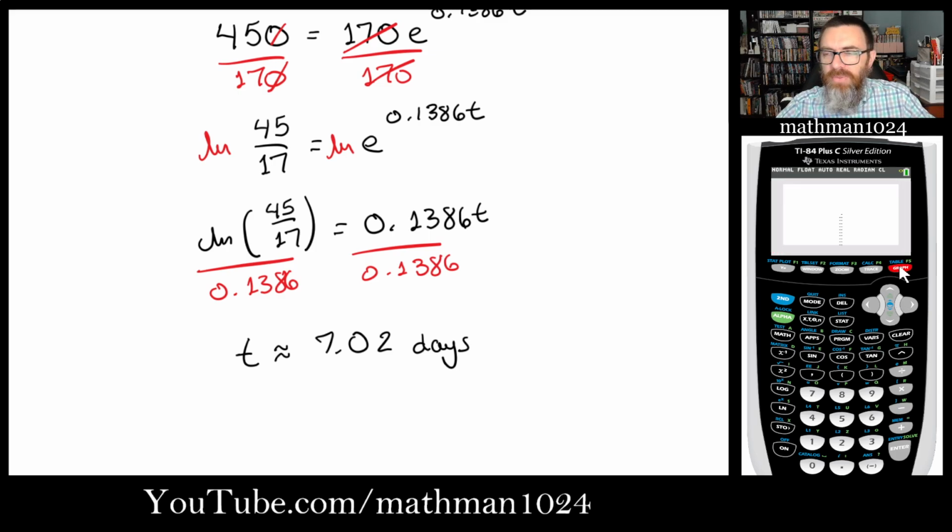So if we graph this, well, you know what? We're not going to see anything because my window is no good. So let's see my window. So 0 to 10 is probably good. The y min, the smallest it gets is going to be 170. And we're trying to go up to, let's see, what did we have before?